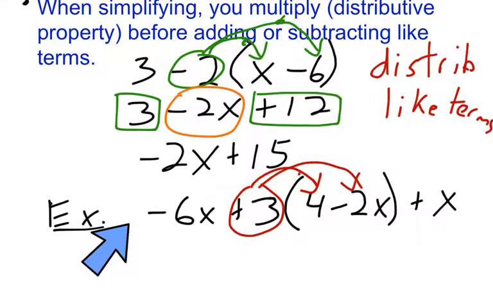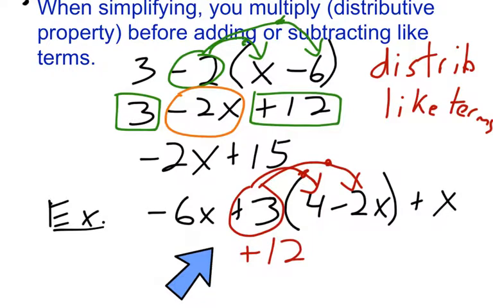So it means 3 times 4 and positive 3 times negative 2x. So 3 times 4 gives us positive 12, so I'll put plus 12 there. And 3 times negative 2x gives us negative 6x. So I'll put minus 6x.